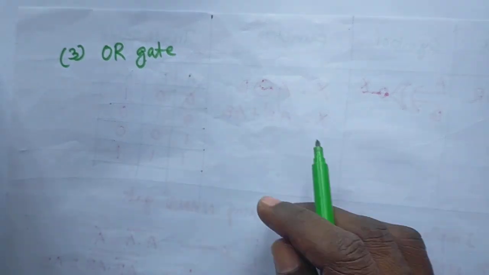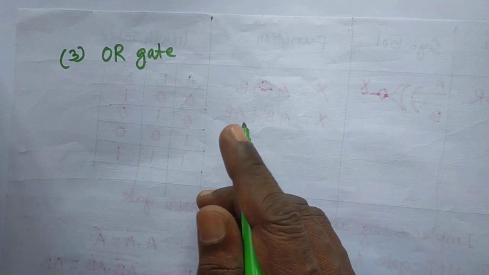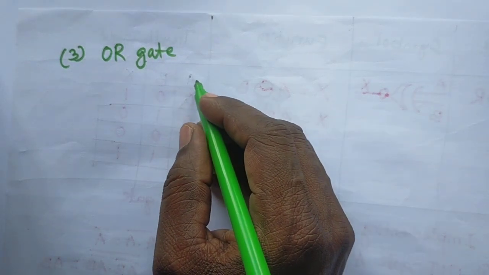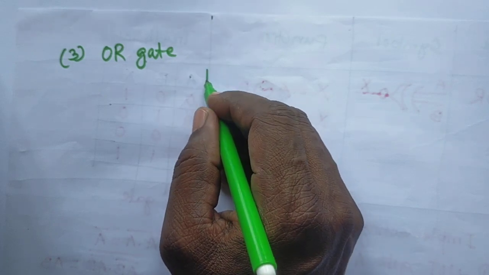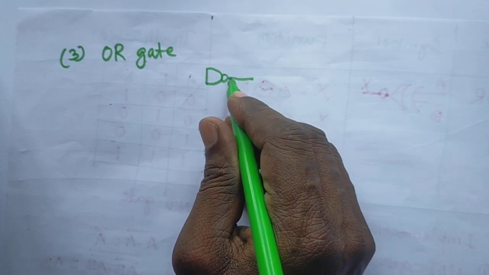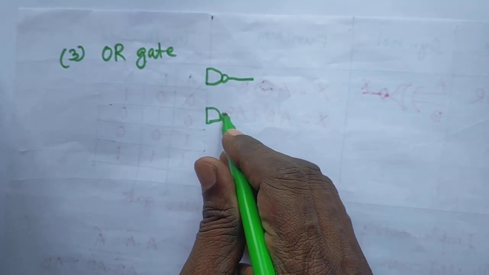We know the OR gate, still we define it in this way. Here you see, we always use the NAND gate. Here is one NAND gate, and here we define it in this way.